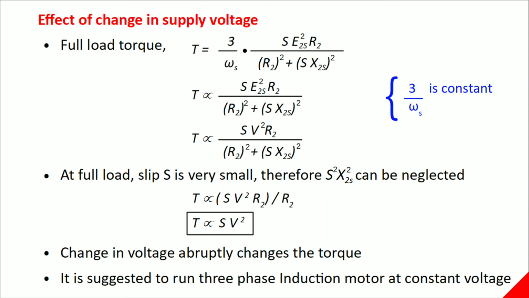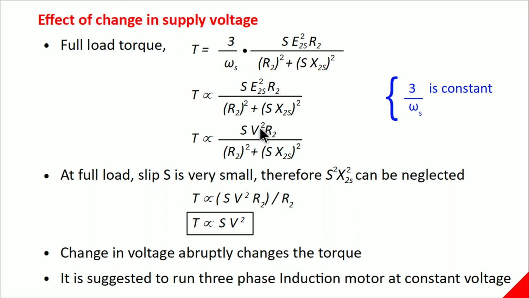The cause of the EMF induced is V. Therefore, the more the V, the more will be the EMF induced E2S. So E2S is proportional to V.